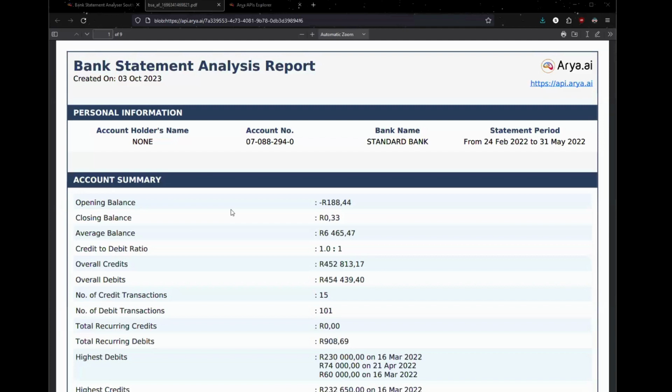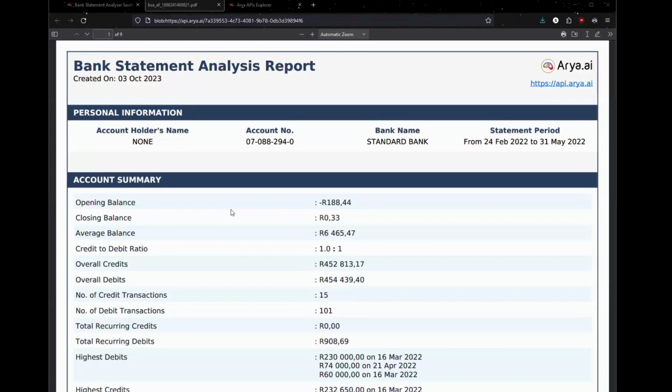So you do not need to edit your bank statements to a particular sort of format and then share it with us. You can directly go ahead and use your bank statements on our API, and it will be working fine.